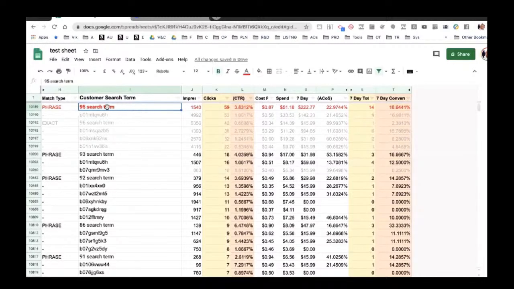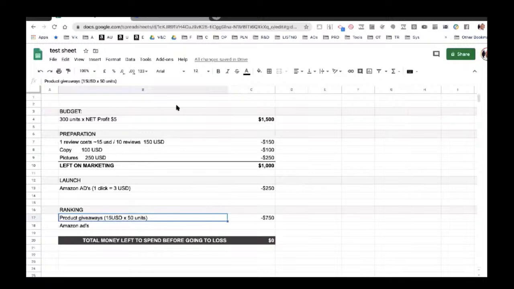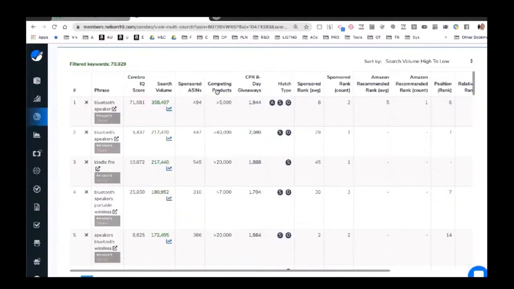But if this keyword is really, really competitive, with tens of thousands of people, I could never get to the first page with 50 units, ever. Forget about it. That's why it's important to choose our keyword game correctly at the beginning, because you have a limited amount of stock and limited money you can spend.